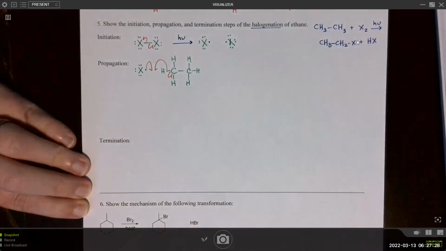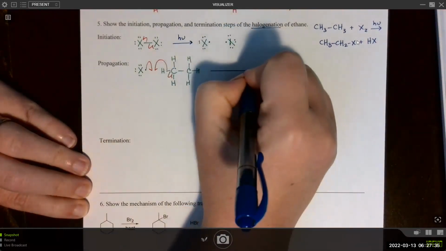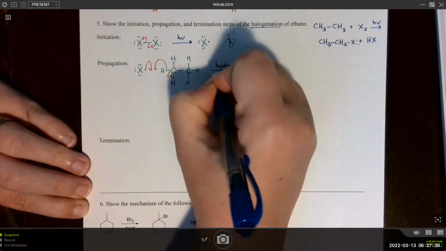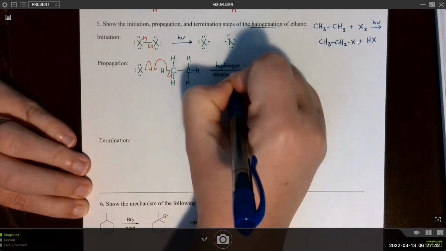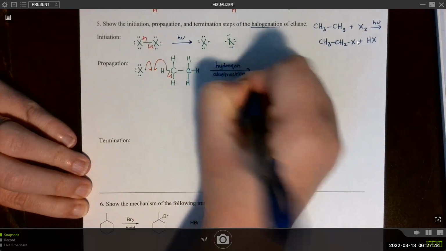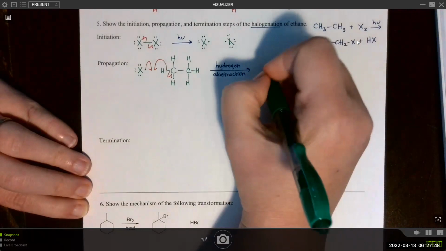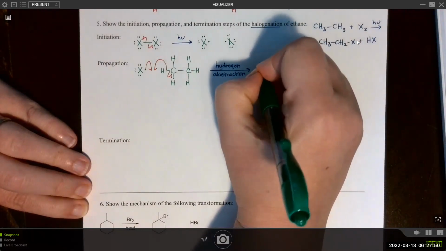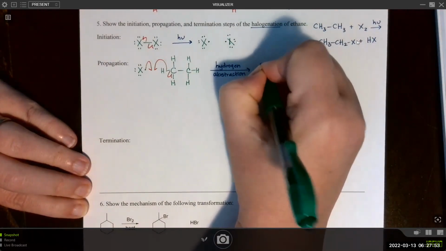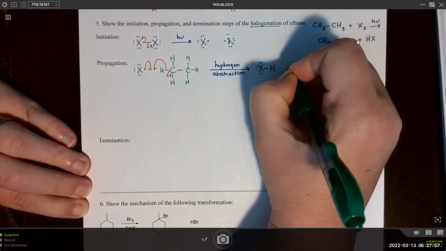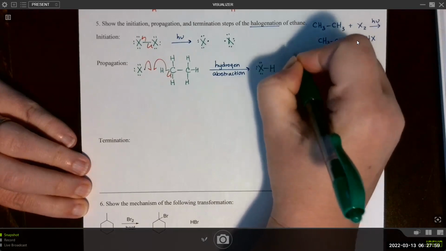Don't forget to use those 3 different fishhook arrows. And then we'll form HX byproduct and the carbon radical.